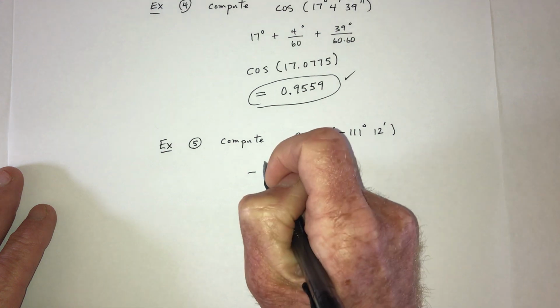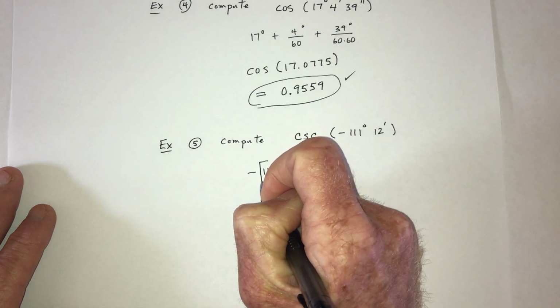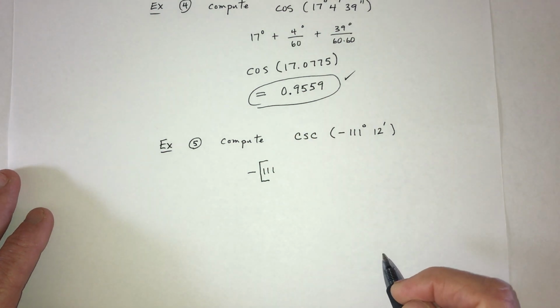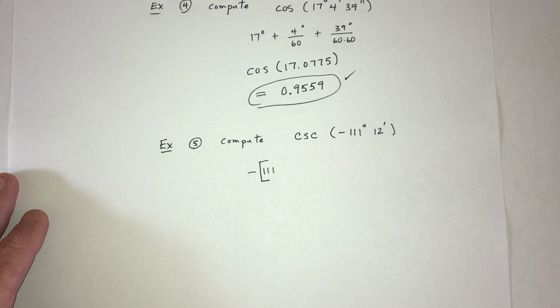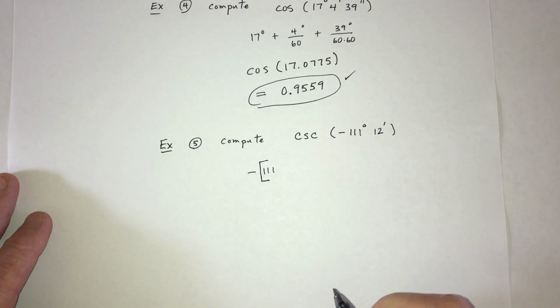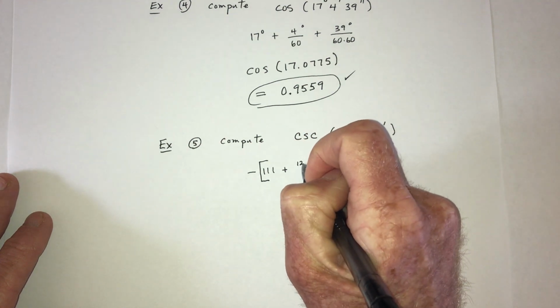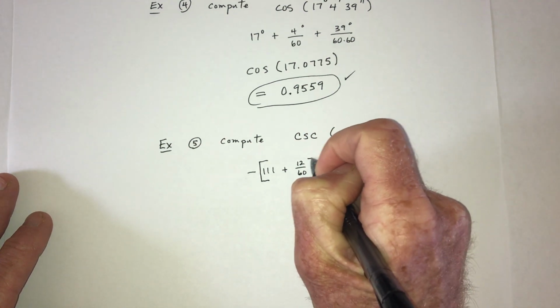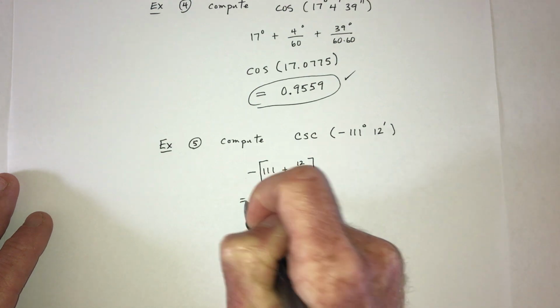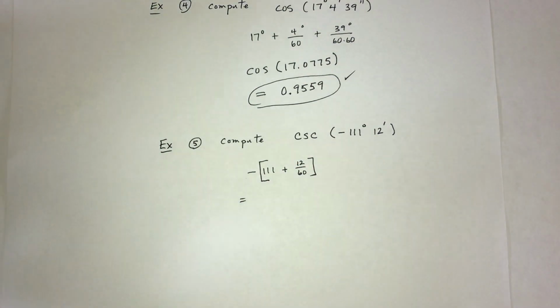111, and the negative applies to the whole thing, so I'm just going to factor out the negative and put brackets. And then plus 12 needs to be divided by 60. So figure out that part first.